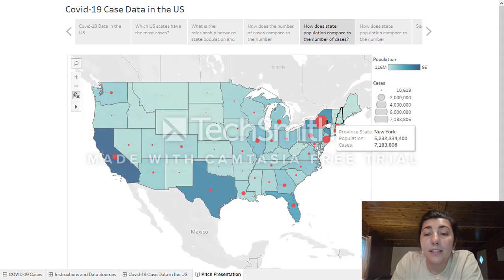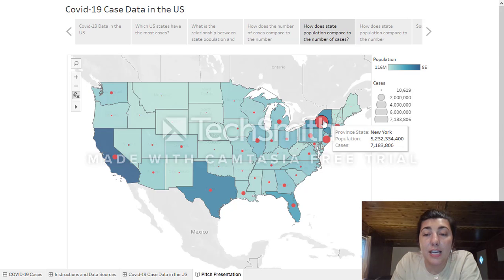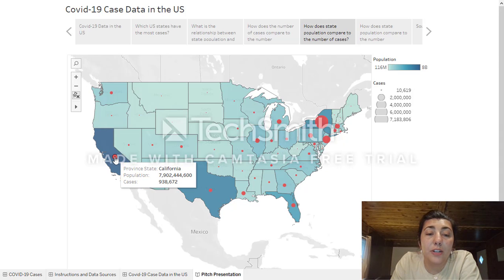And so the cases are represented by the red circles. So you would expect to see the biggest circle with the largest population. But that's not the case with this data. We see that New York has the largest circle, the largest number of cases, and California has the smallest.